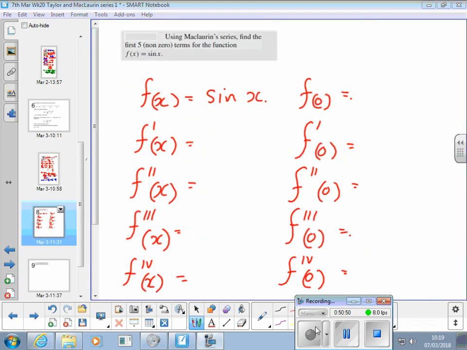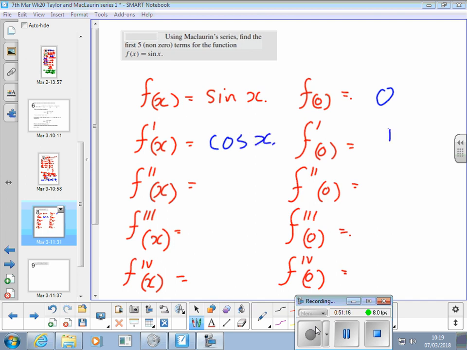To when x is 0, sine of nothing, zero. First differential of sine x is cos x.